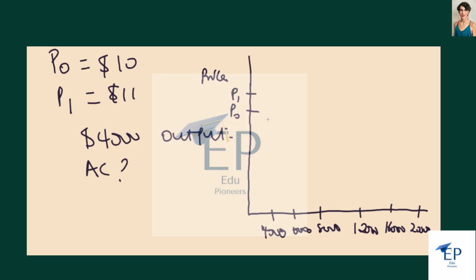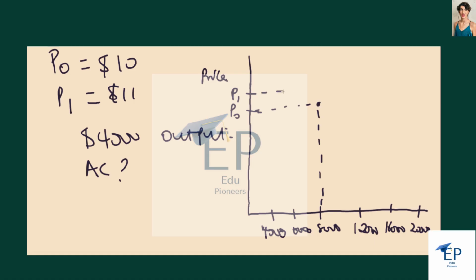So P0 traces to 8,000. So basically I'm going to be tracing this to 8,000. So this is what it should look like, and then that over there.